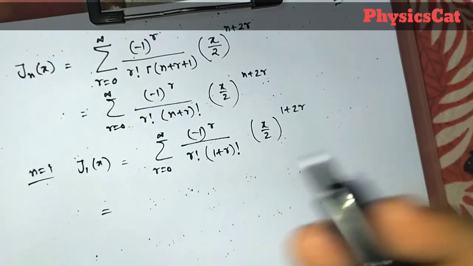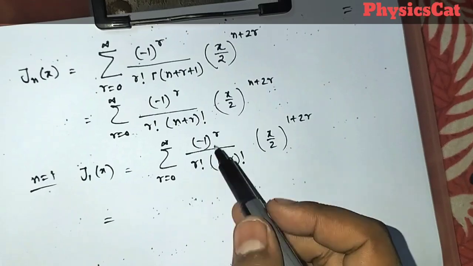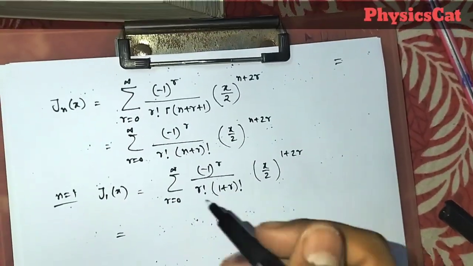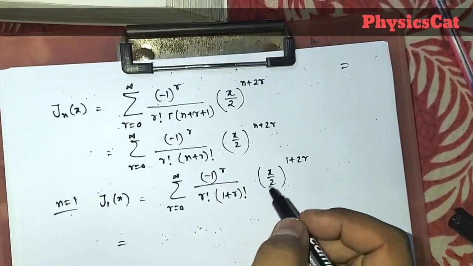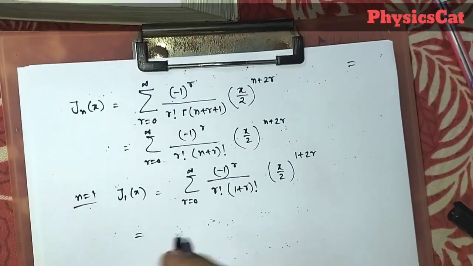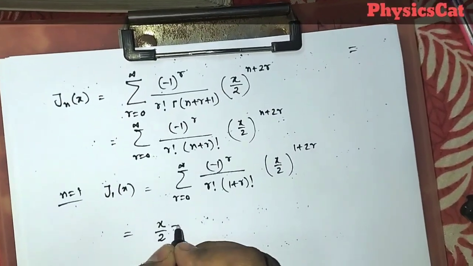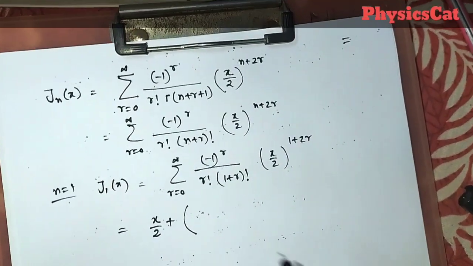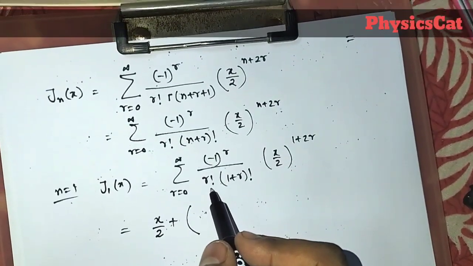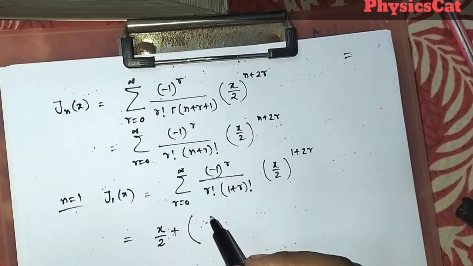Here r goes from 0 to infinity, so first substitute r equal to 0. This term will be 1, and the whole term will be 1, and the remaining part is x/2. Plus, if you substitute r equal to 1, this will be minus 1 by 2, because 1 plus 1 is 2 factorial, which equals 2.